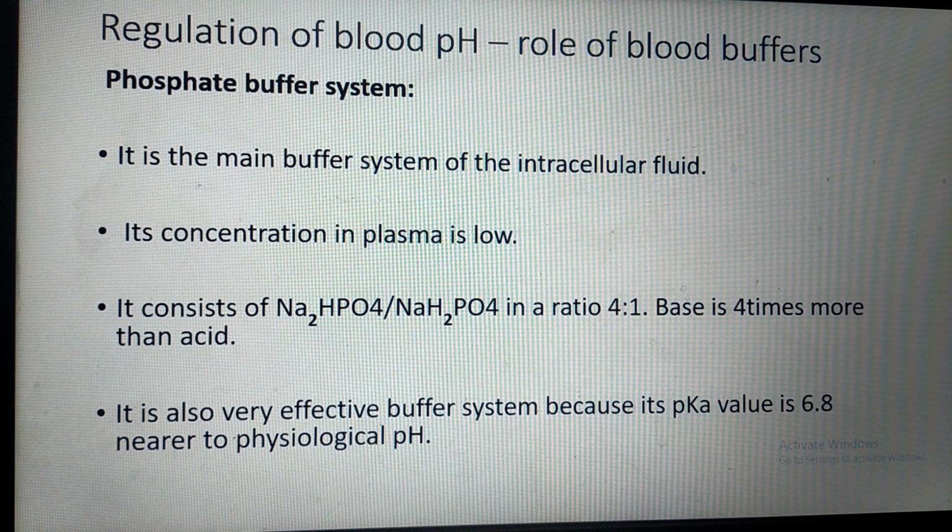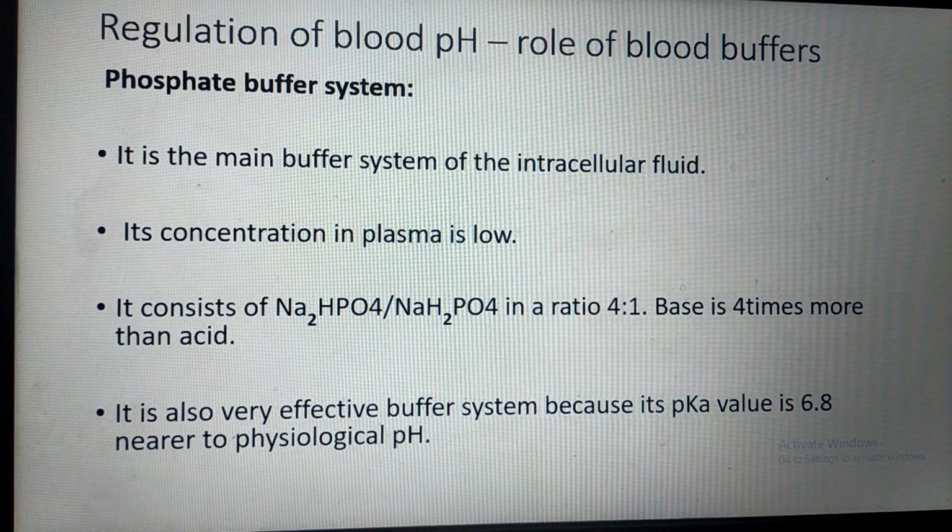So here again the base is 4 times more than acid, and just now I have told you why base is more, we require more base, because there is constant production of acids in the body in the form of ketone bodies or intermediates of various cycles. So it is also a very effective buffer system because its pK value is 6.8, which is nearer to physiological pH.